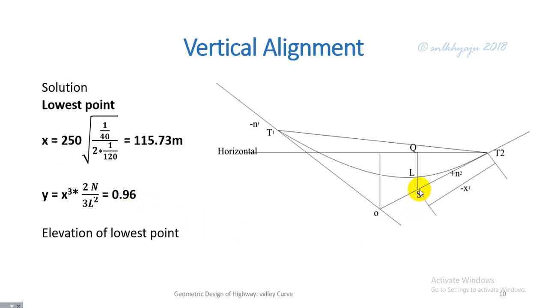Therefore, the elevation of the lowest point L is the elevation of tangent point T2, 312.56, minus QS, where QS is calculated as n2 x, n2 equals 1 by 40, multiplied by 115.73, then plus LS, that is y equals 0.96. The elevation of the lowest point is calculated as 310.62 meters.